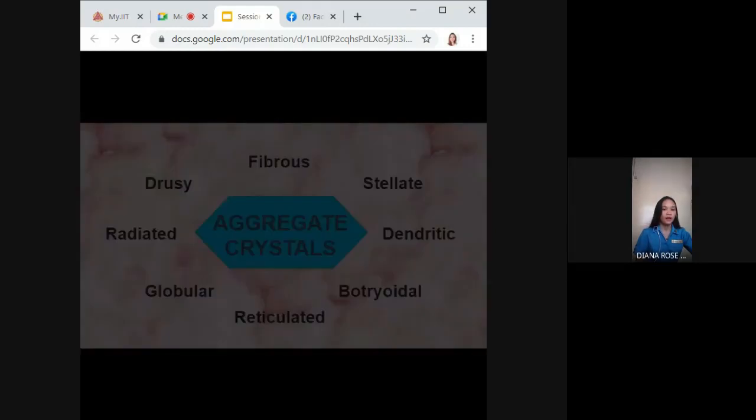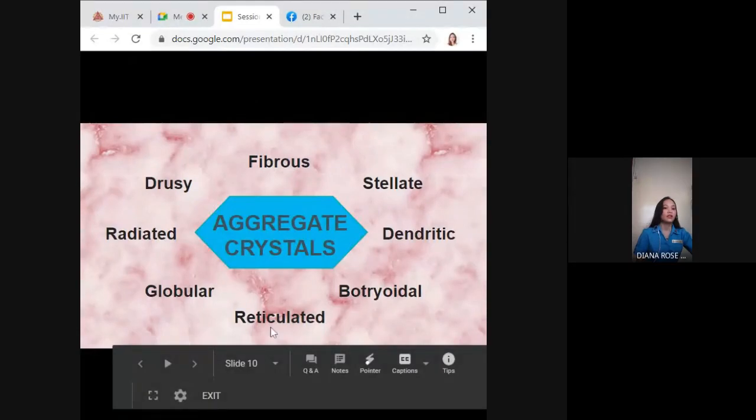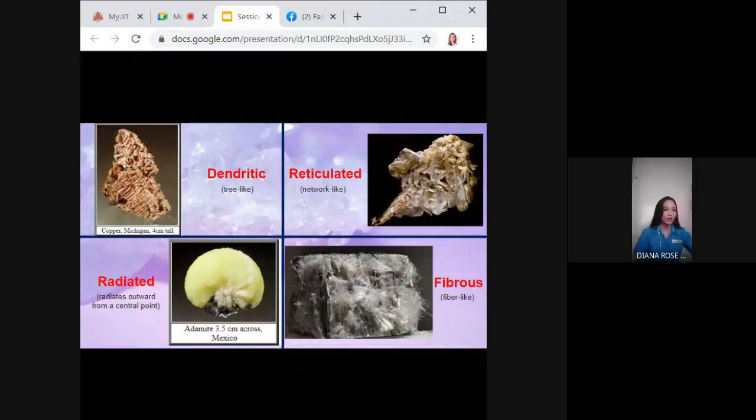And then we have the aggregate crystals, which have shapes of fibrous, drusy, radiated, globular, reticulated, botryoidal, dendritic, and stellate. First, dendritic, which is like a tree-like growth, like this one. And then we also have reticulated, which is like a lattice of slender crystals, or network-like.